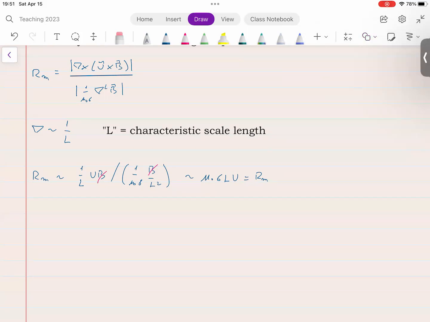Now this quantity is going to tell me if the convection or the diffusion term is more important. And this is what is called the magnetic Reynolds number.